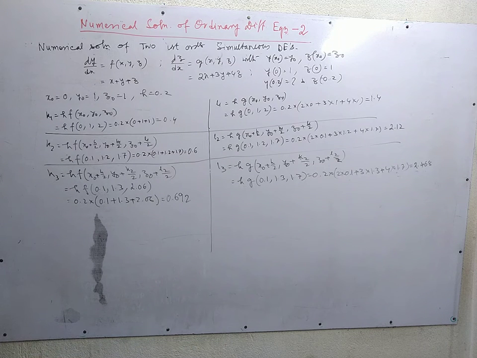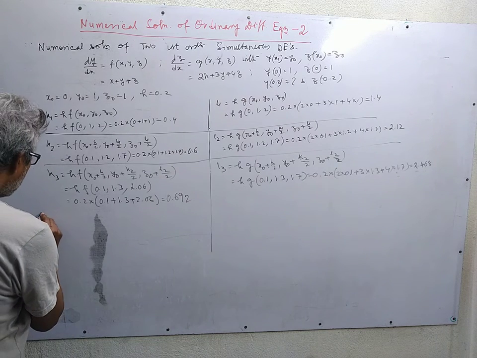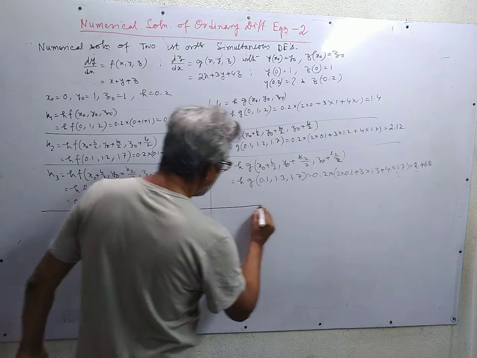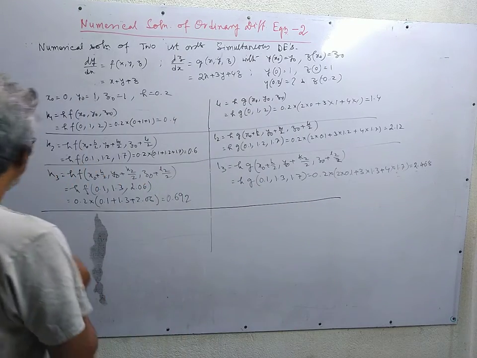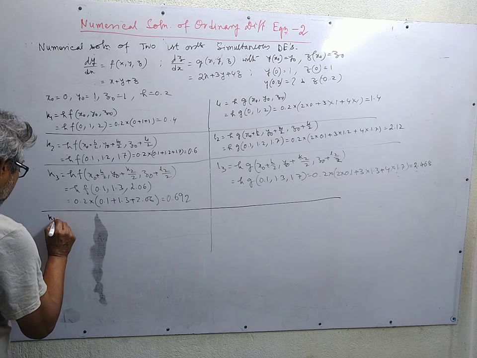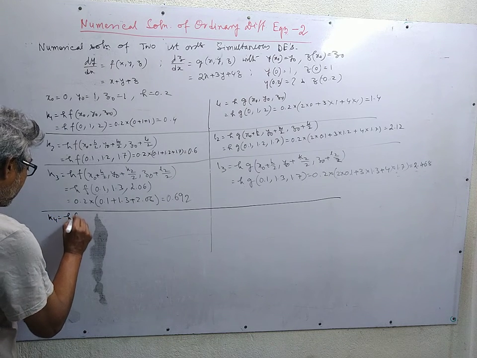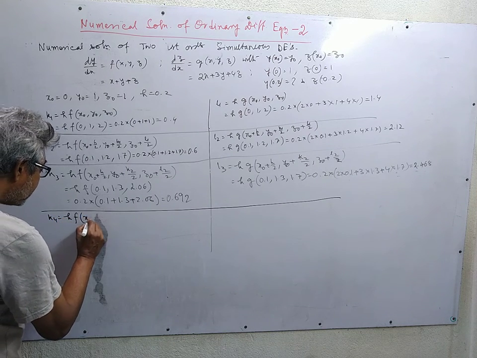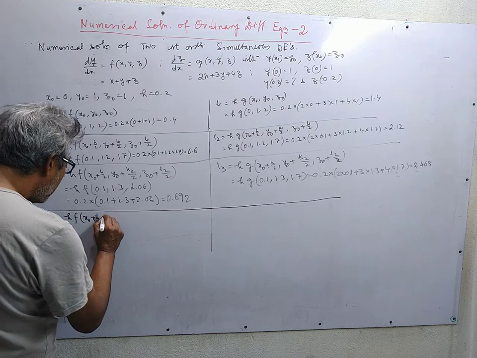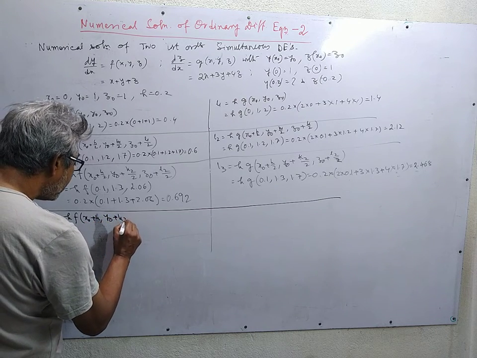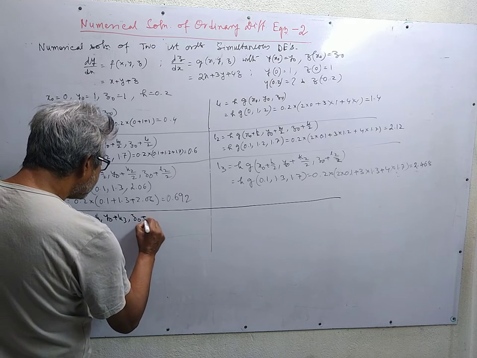Now we have to calculate K4, L4. K4 is h f of x0 plus h, y0 plus k3, z0 plus l3.